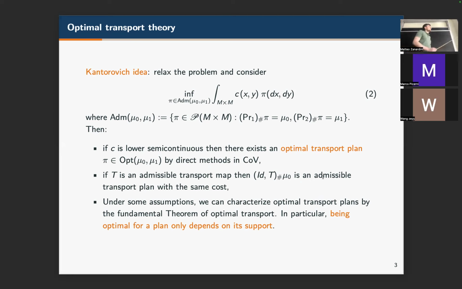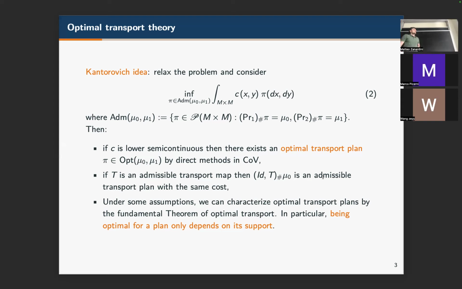Indeed, instead of infimizing among maps, you infimize among probability measures on the product space M by M, such that the first marginal is mu0 and the second marginal is mu1. And you infimize this double integral cost, where now T(x) is replaced by y, and you integrate with respect to this measure phi.